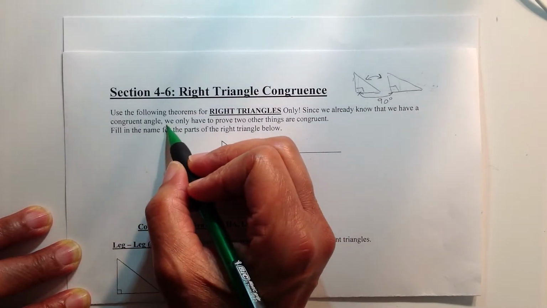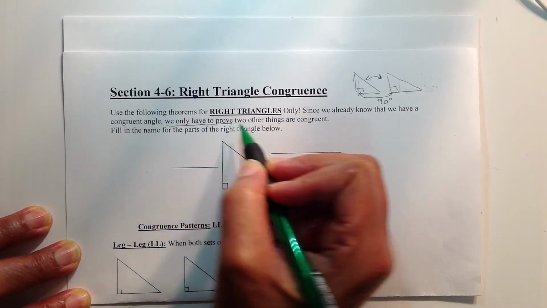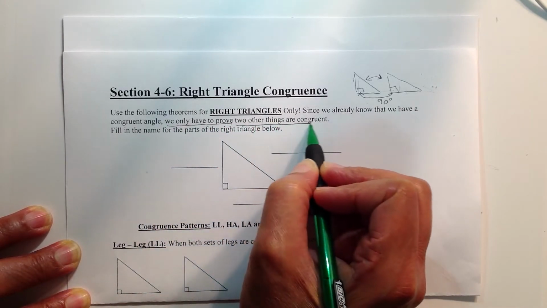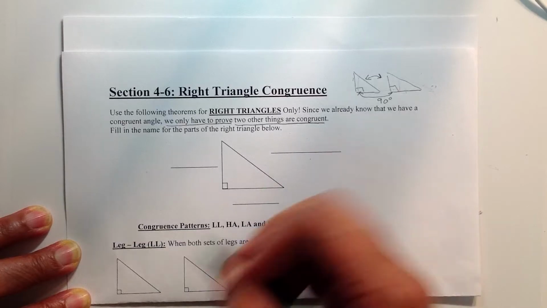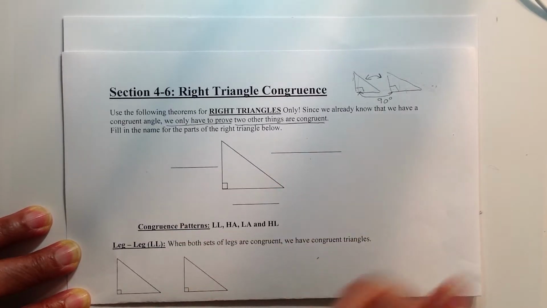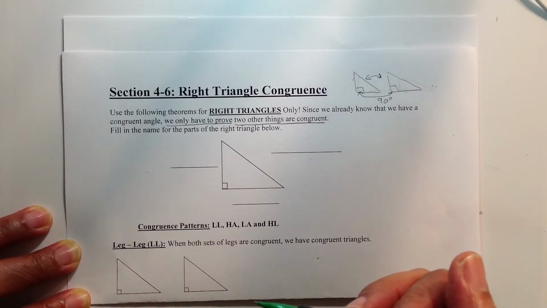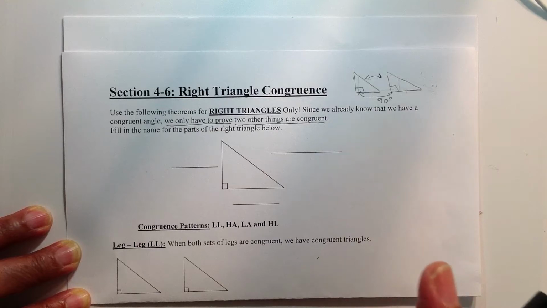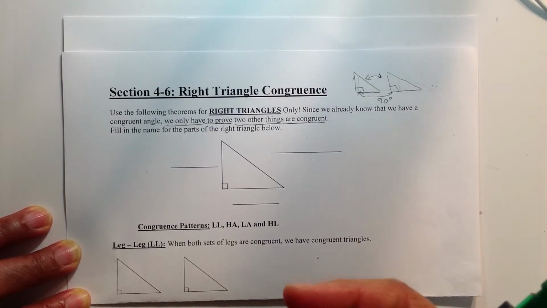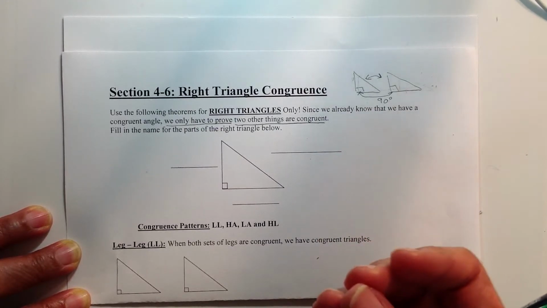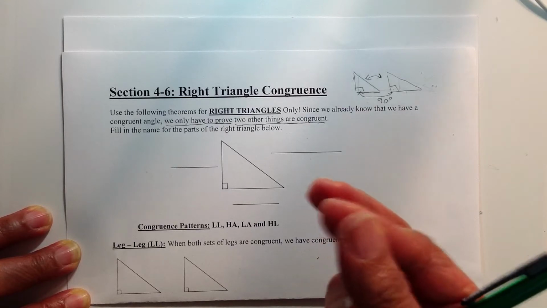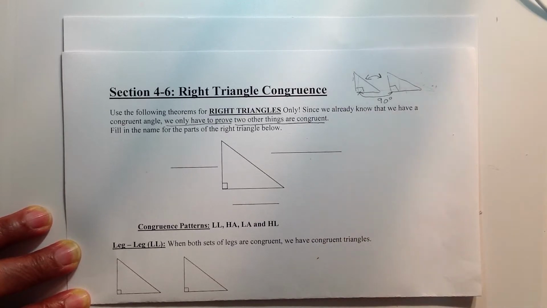So then we only have to prove two other things are congruent. Because when you think about all the postulates and theorems that we're using, each one of them really only proves three things are congruent. Side, side, side, three things. Side, angle, side, three things.